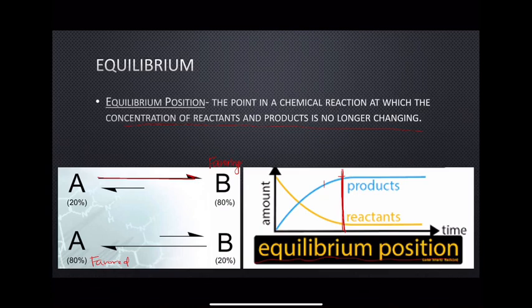Now, one other thing that's important to note about equilibrium is that if you have a catalyst at chemical equilibrium, it's going to work on both the forward reactions and the reverse reactions equally. Catalysts do not favor one reaction over the other. It works at them both equally.